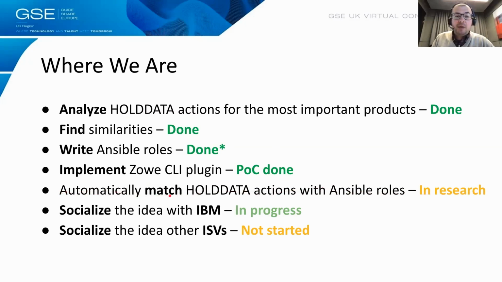This is the most difficult and, I must admit, also disappointing bullet point on this slide. We tried to automatically match whole data actions with Ansible roles, because usually in the whole data you have written something like, now restart the application, restart the started task, restart this product, blah, blah, blah. But it's still restart or recycle. So we tried to use a machine learning library that is primarily designed for web browser chats.